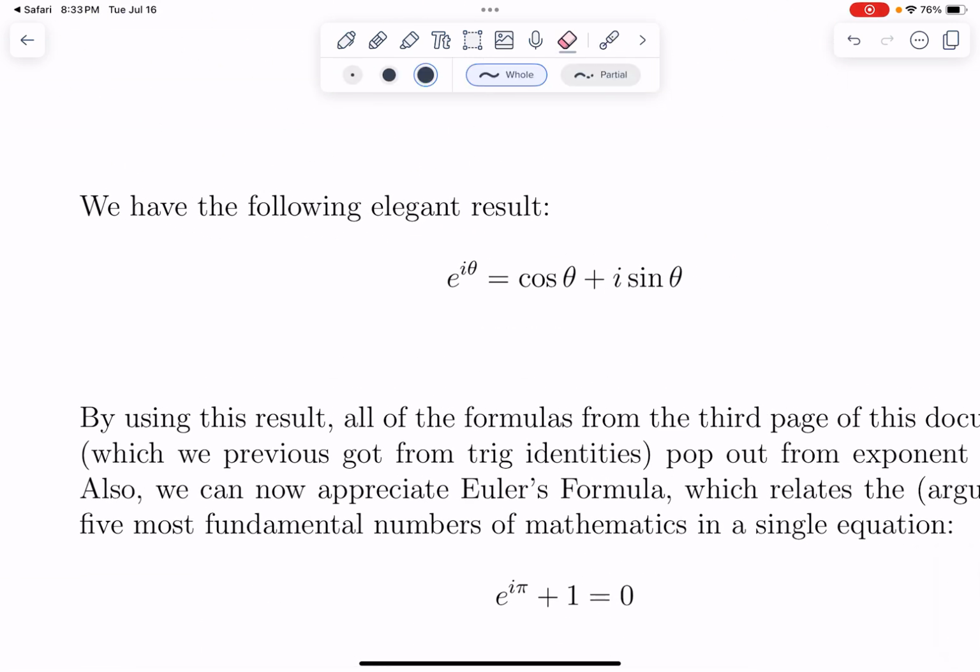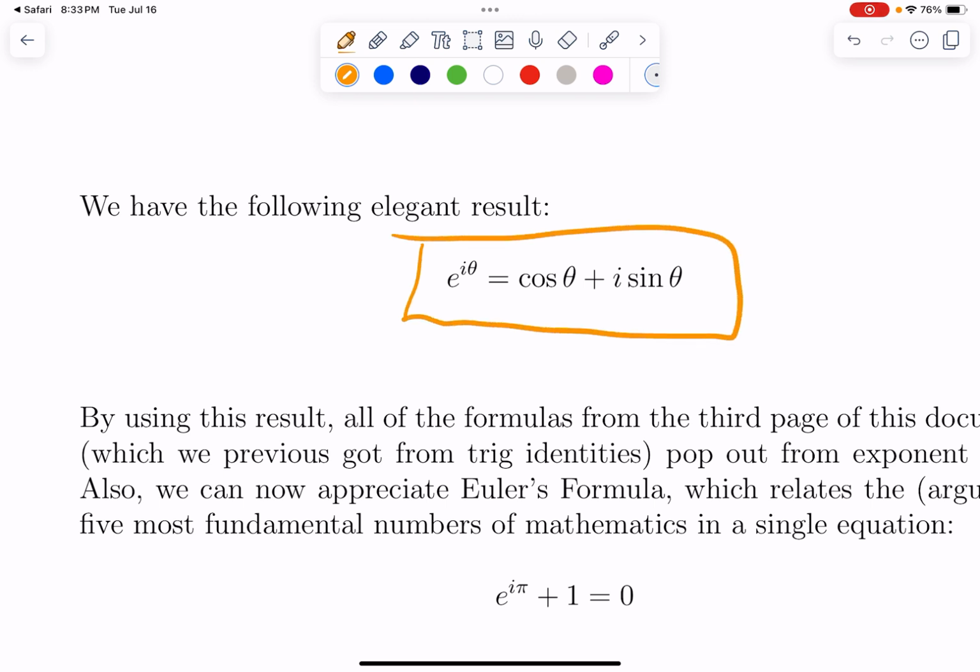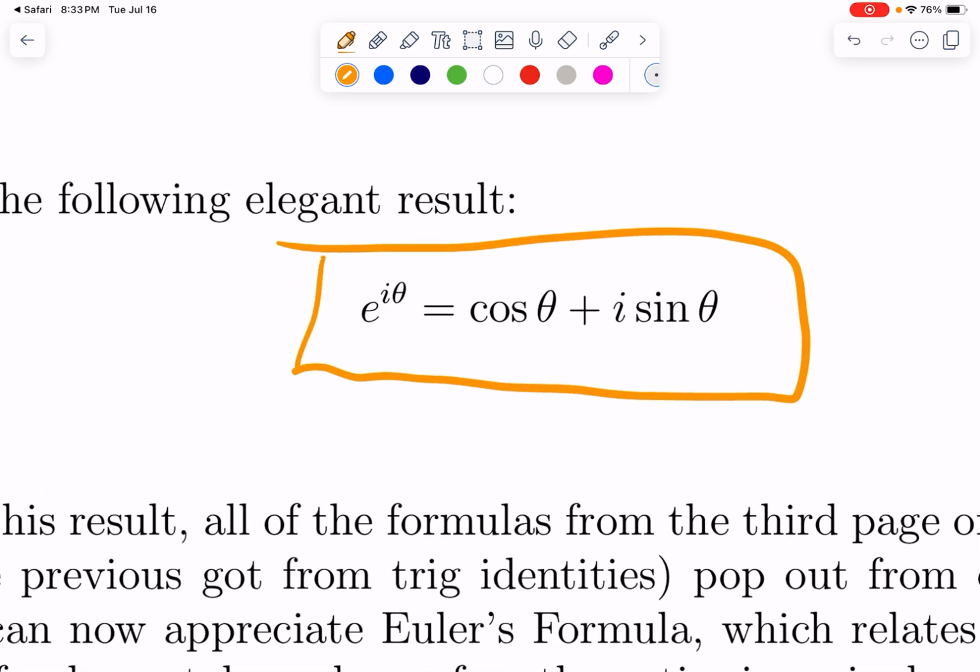So here is our result. This is just tremendously elegant. If we open ourselves up to this notion of complex numbers and writing them in polar form and extending things like the exponential function so that it can apply to complex numbers, then we get this very elegant result.